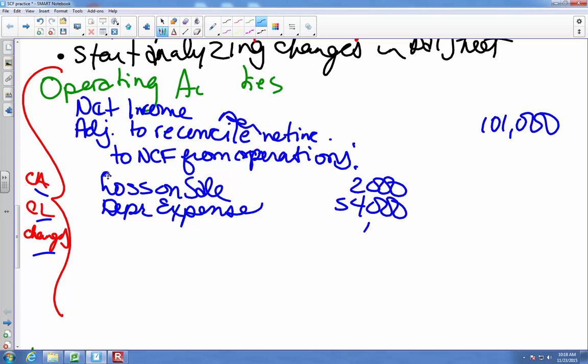No, I think it went down by 11. Oh, it decreased. Again, don't forget to read right to left on these things. 11,000. Yep, they paid them off, so what do you have to do with that? You have to add it back. Good.